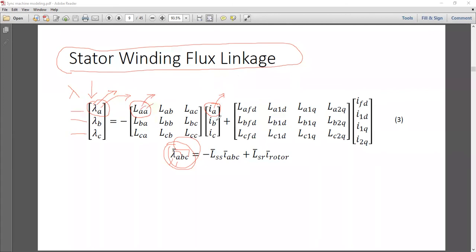Similarly, when there is any current flowing in the coil B, there will be some flux linkage with coil A due to the mutual inductance LAB. Similarly, whenever there is any current flowing in the stator coil C, there will be some flux linkage lambda A, which will be created due to LAC. Clear?